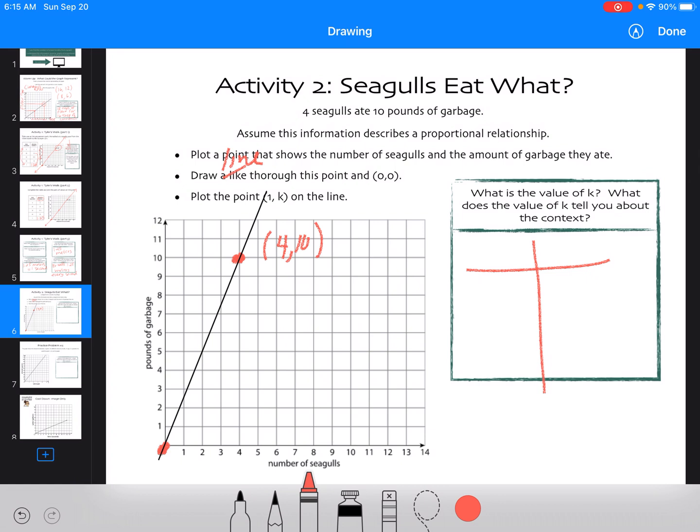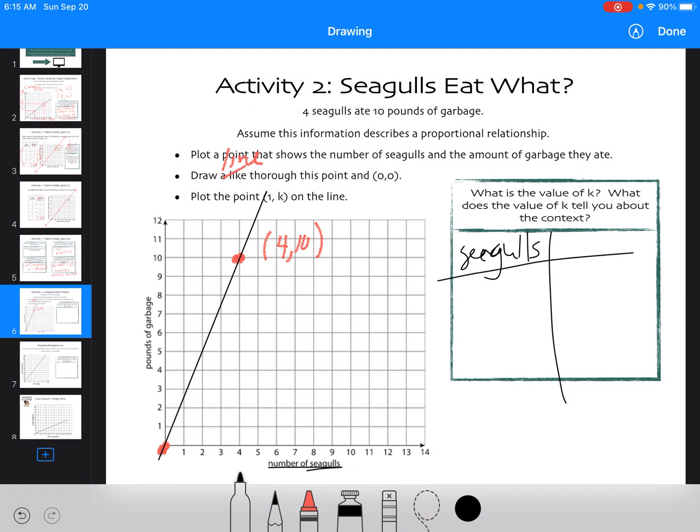If I have seagulls, and I know that that's the first one because that's my x-axis. So seagulls and garbage. So that's 4 and 10.